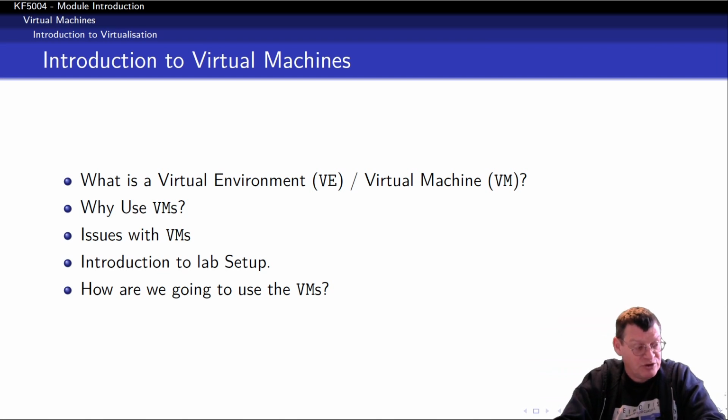Don't let this module lead you to believe that VMs are going to solve all of the hardware problems that could possibly be out there. They won't. There's a place for them. I then want to talk a little bit about the lab setup and how it's set up specifically for the VM running, and then how we're going to use those VMs, what we're going to do with them and how we're going to have them deployed.